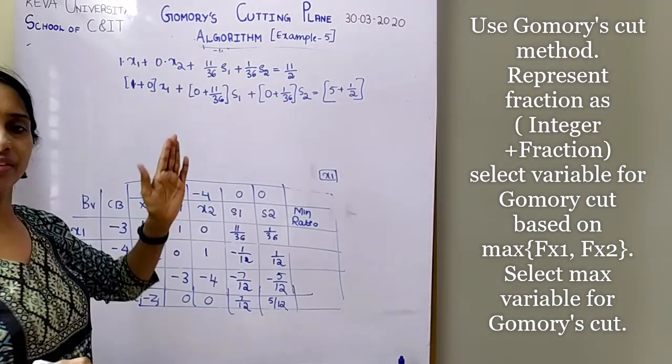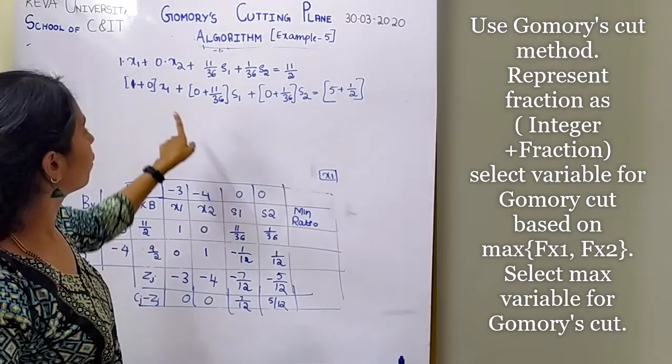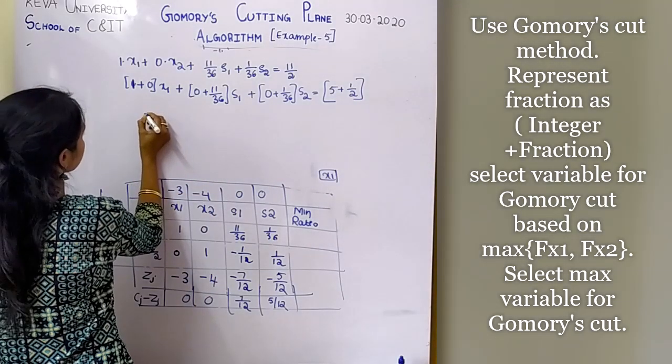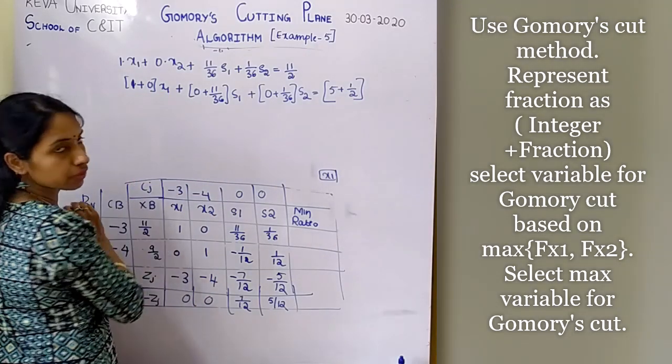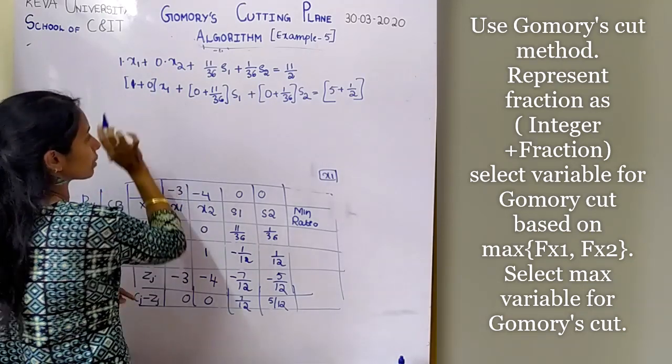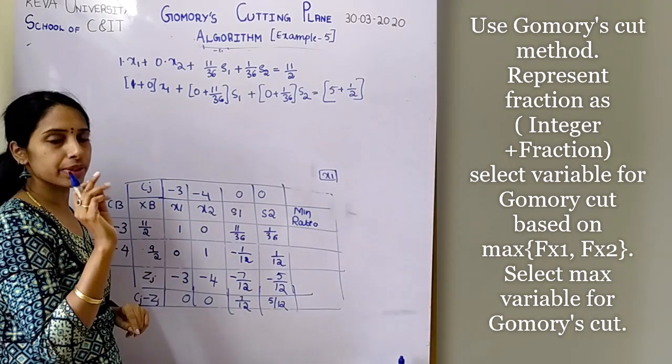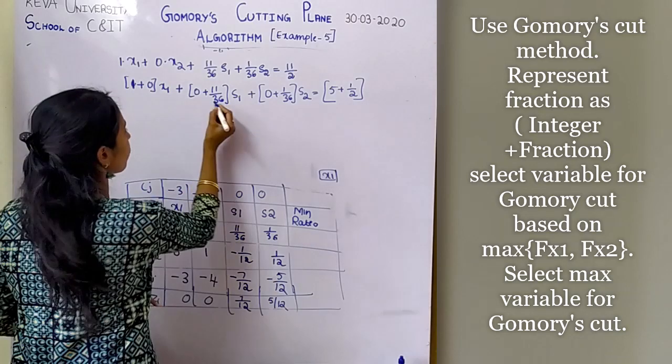Now consider only the fraction part of this. This becomes 0 into x1. I will not consider it because 0 into x1 is 0.